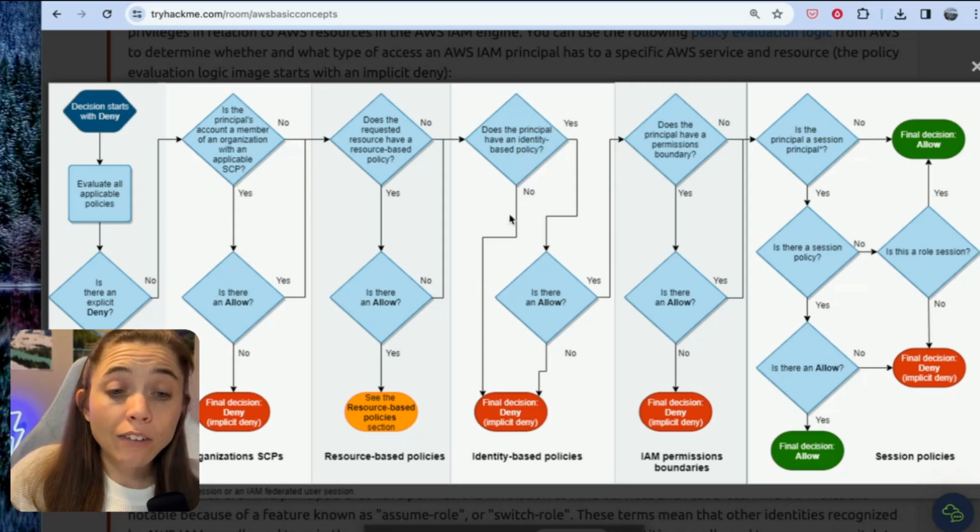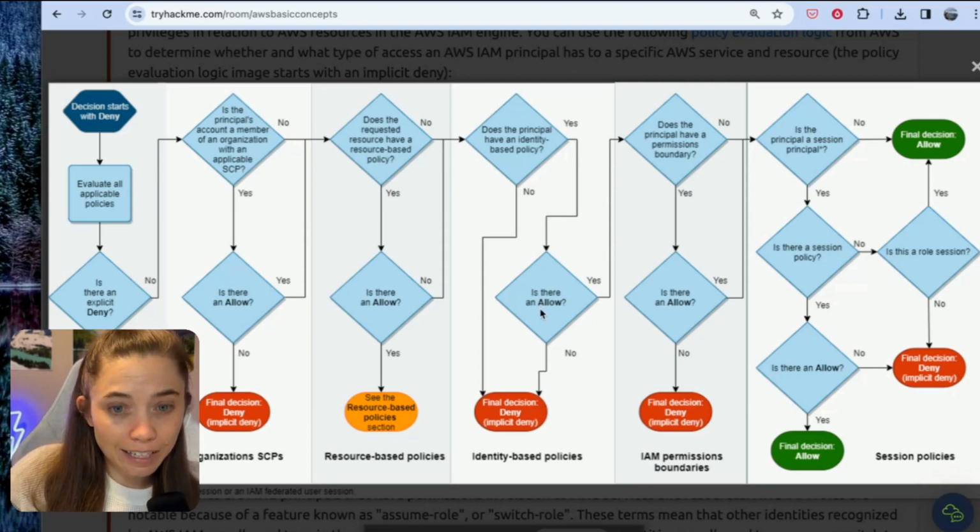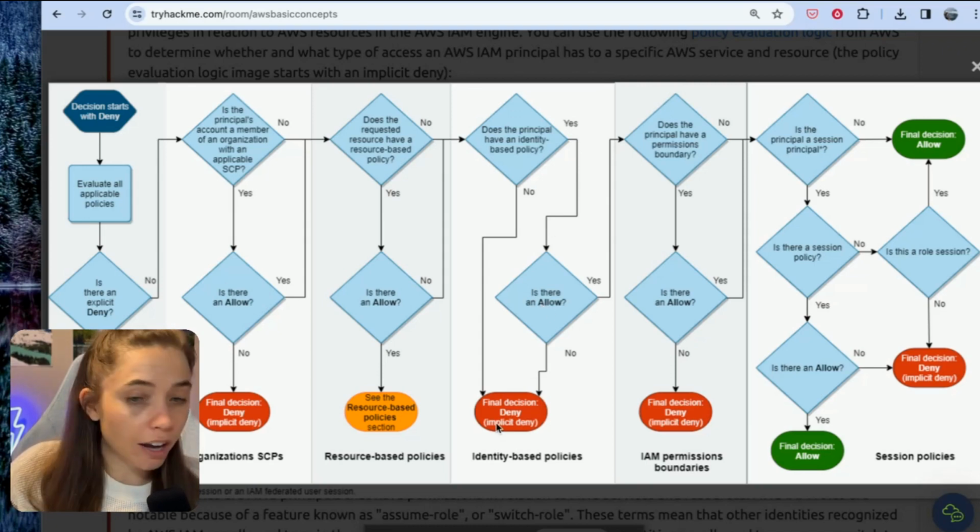If they don't have any policies attached to them, the user doesn't have permission to do anything, the implicit deny kicks in, because the default, if you don't have an allow for anything, is denied. So you're denied. However, if they do have an identity based policy attached to them, then we evaluate that policy. We check if there's an allow in the identity based policy. If there's not, they're denied.